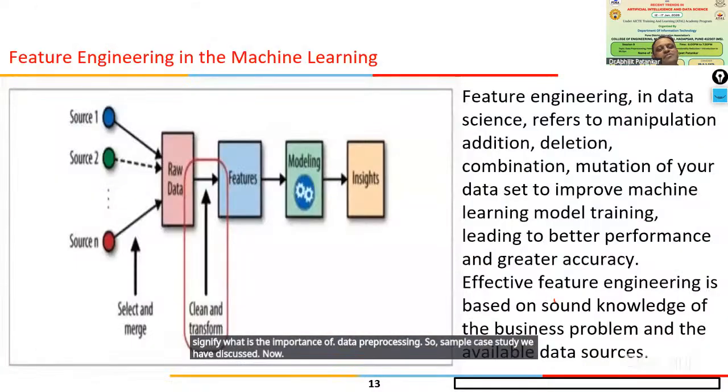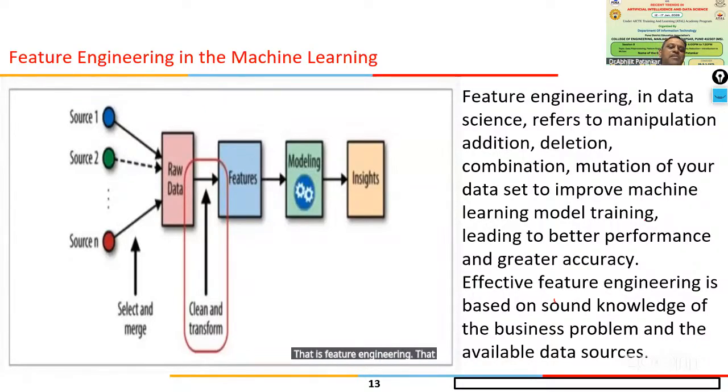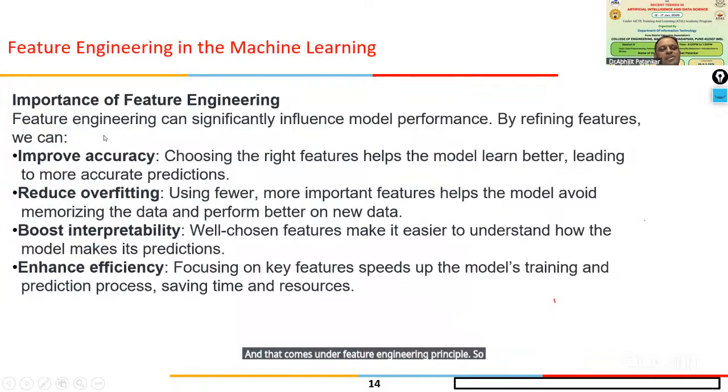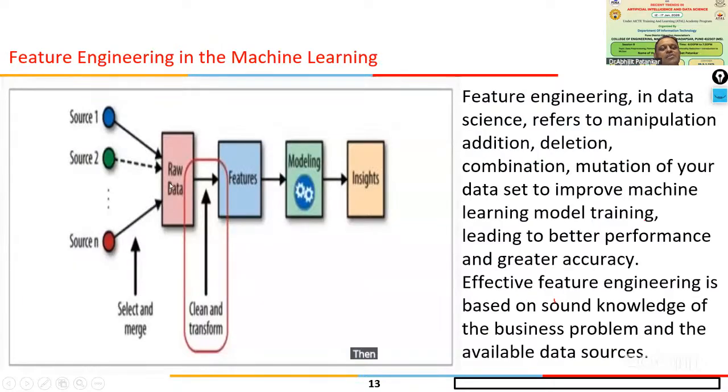Now, next part, that is feature engineering. That is the second part in machine learning. What is feature engineering? You are able to see the diagram where we are doing this feature extraction, and that comes under the feature engineering principle. So here data we gathered from different sources, then we collect it as raw data.